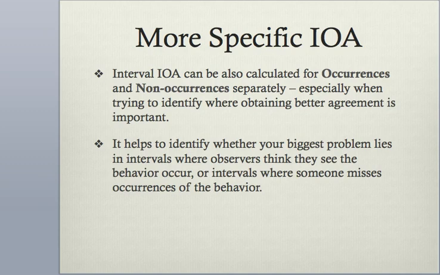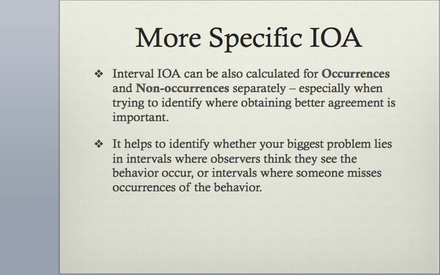Now, there are other kinds of IOA that are more specific. For example, we can calculate IOA for occurrences and for non-occurrences separately, especially when we're trying to determine whether the behavior happens when someone thinks a behavior has occurred or when non-occurrences happen. So we can lump all the occurrences together and look at only intervals where we have the behavior recorded by someone as occurring, or we can look only at those intervals where at least one of the observers believes that it did not occur.